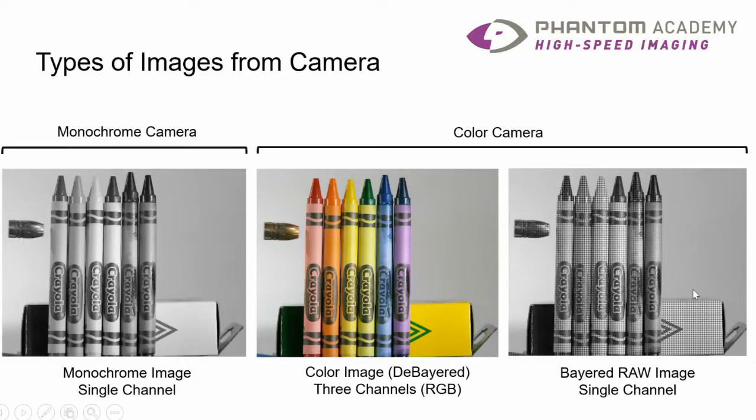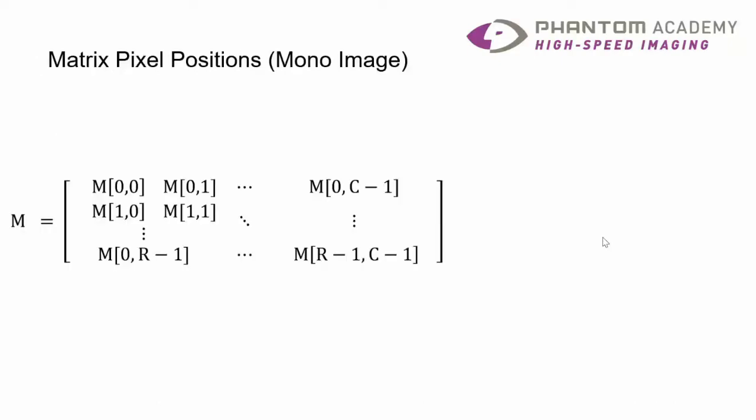Now that we understand the different types of images that get created from these cameras, let's talk about how we can understand them in Python. When we code in Python and define images, we are really defining the images as matrices. Here we have a matrix called M, and we represent all the pixel values as elements in this matrix.